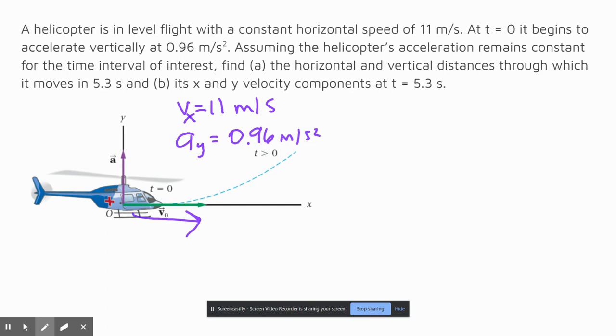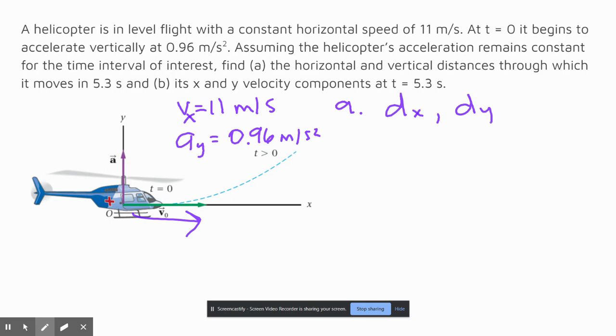So the first thing we want to do is find, so part A, we want to know our distance in the x direction, and we want to know our distance in the y direction. Okay, so to solve for this, we are going to need to use one of those equations of motion. But we have to work with what we've got. We have the velocity in the x direction, and we have the acceleration in the y direction.